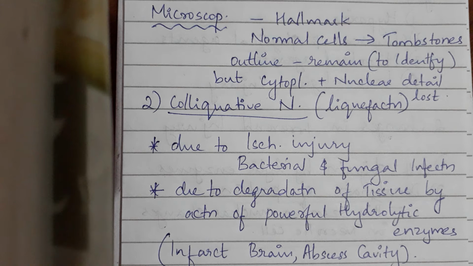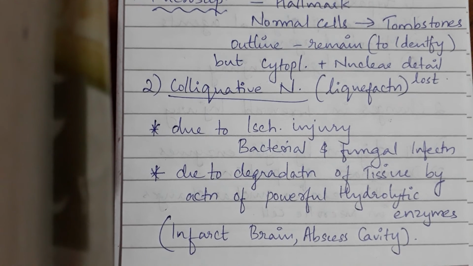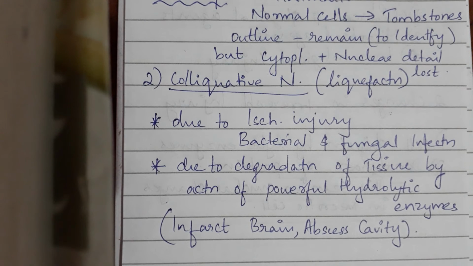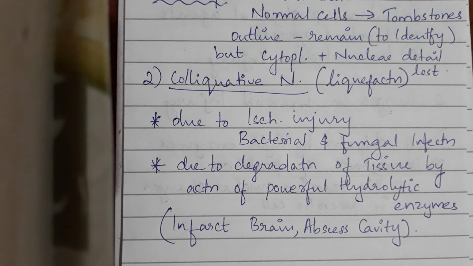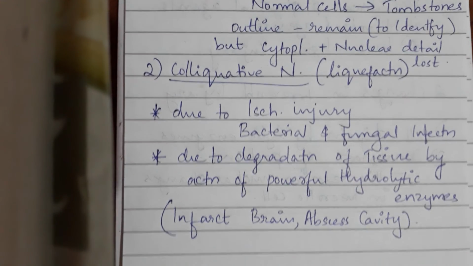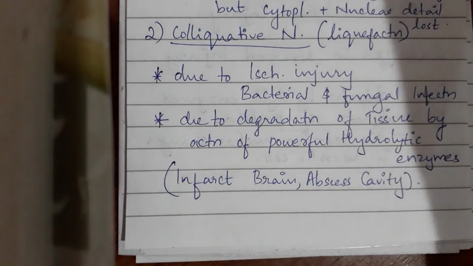The hydrolytic enzyme digests the tissue and causes the liquefaction process. It should be turned into water, so it requires a hydrolytic enzyme. Key point. Next, the organs affected are normally seen in brain infarct and abscess cavity. Remember both of these, as both are watery.